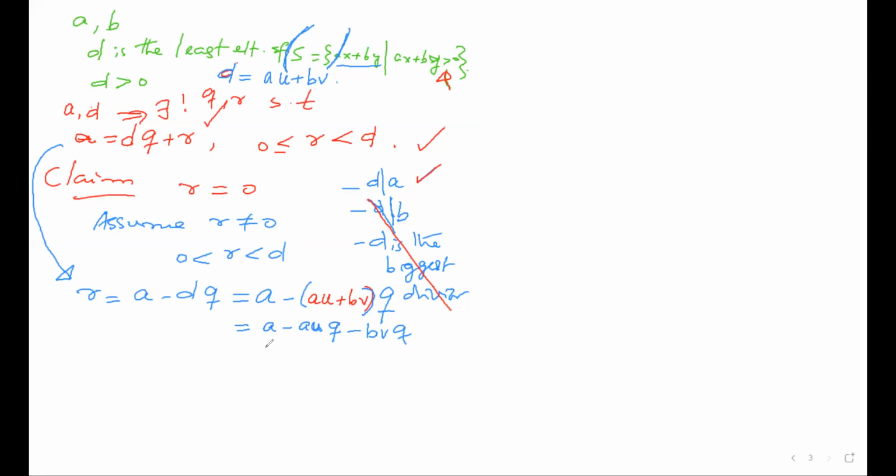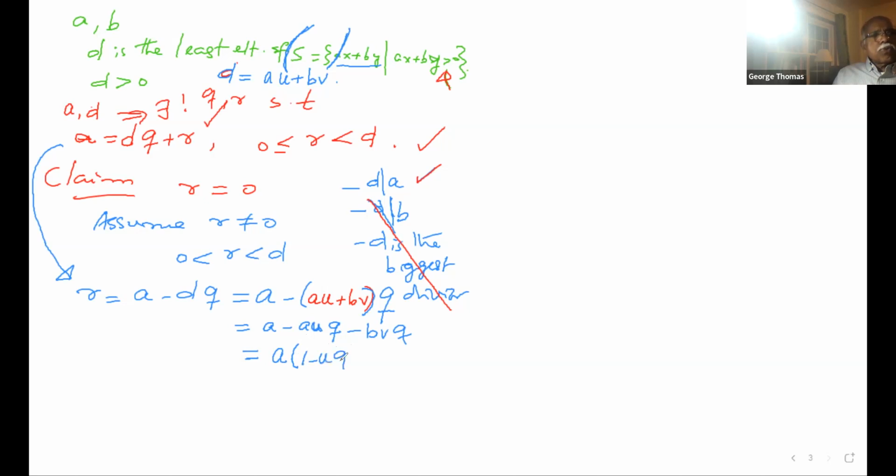Yes, sir. But why do we have to do that? Instead, we could replace that D on the left side. Hold on, hold on. This can be written as A times (1 minus UQ) plus B times (minus VQ).